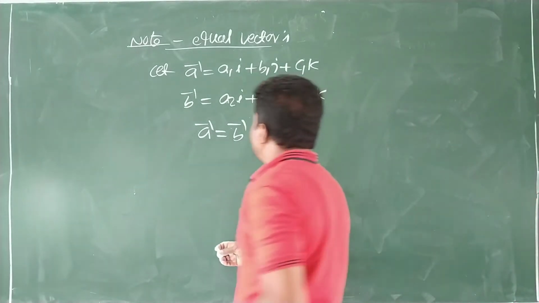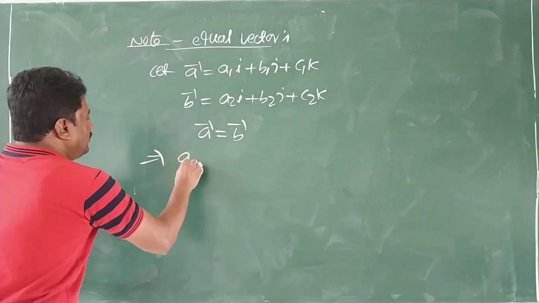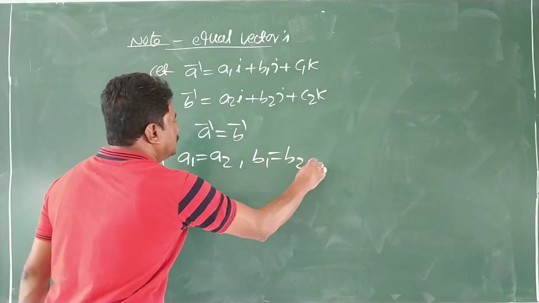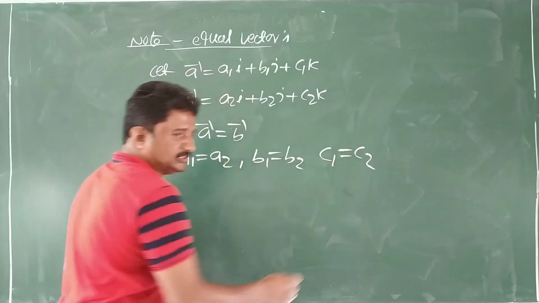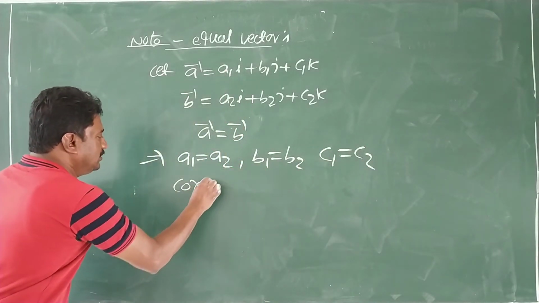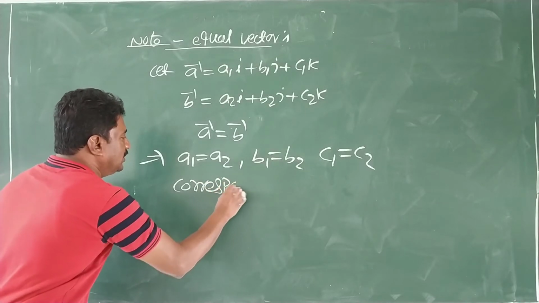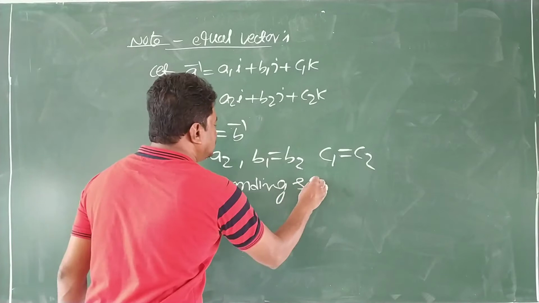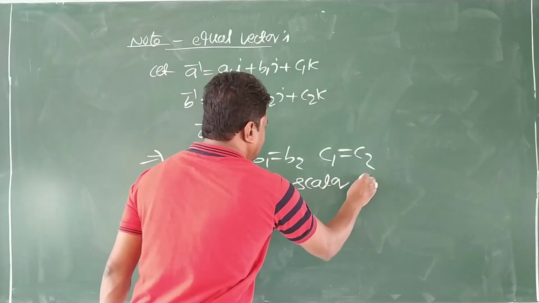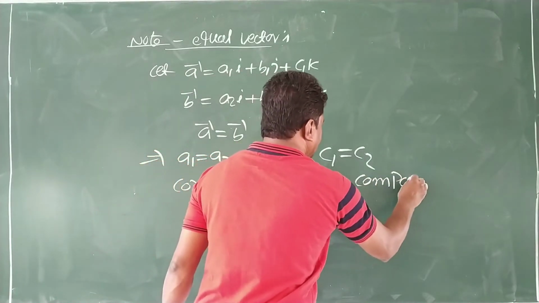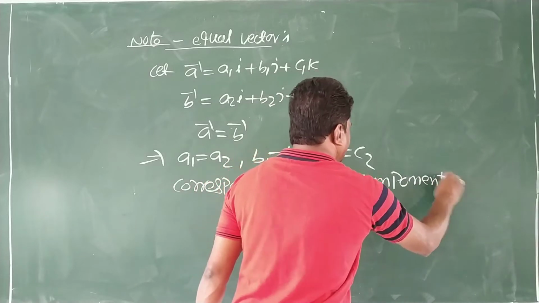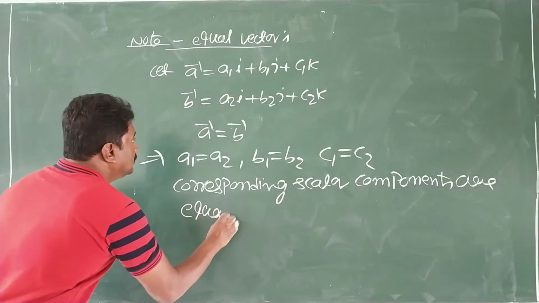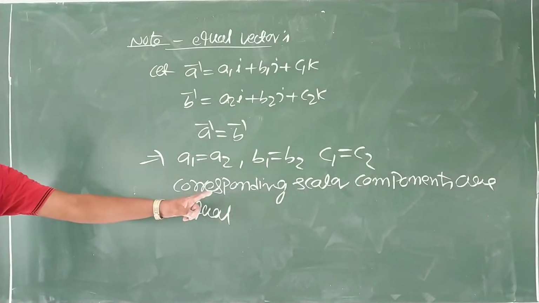So that implies a1 is equal to a2, b1 is equal to what? b2. c1 is equal to what? c2. Corresponding scalar components are equal.